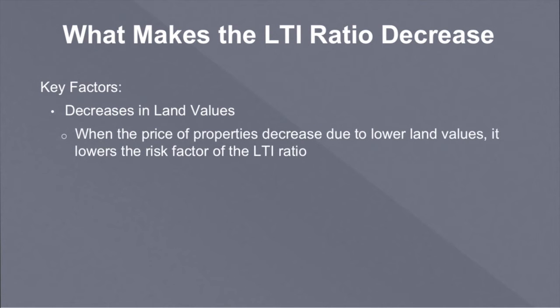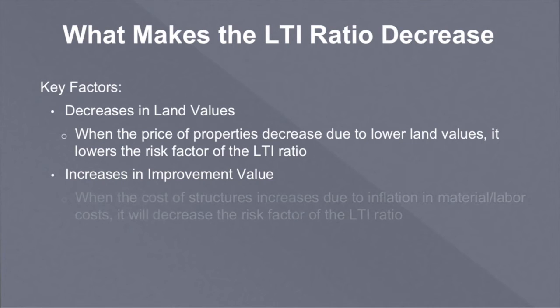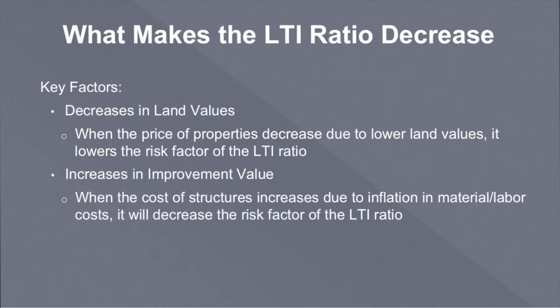So key factors here. What happens in the decrease? When the land value decreases, the price of properties decreases due to lower land values overall, and that lowers the risk factor in the LTI ratio, the land to improvement ratio. But it increases relative, of course, to the improvement value.